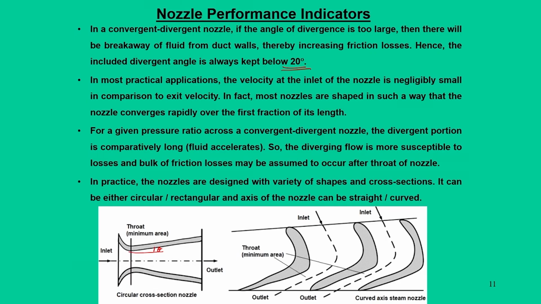The other part of the nozzle is the diverging portion, in which the velocity increases or the flow accelerates, and whatever losses are supposed to happen will happen in the diverging portion only. This is the circular cross section of a nozzle, which is used mainly for perfect gas and to generate thrust.